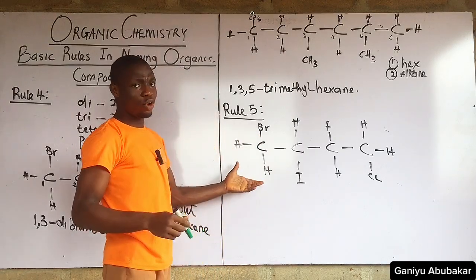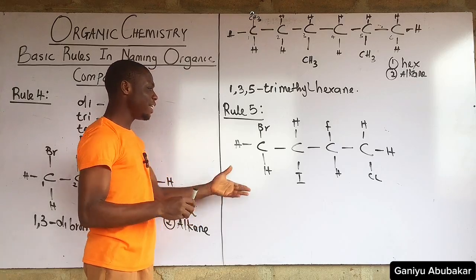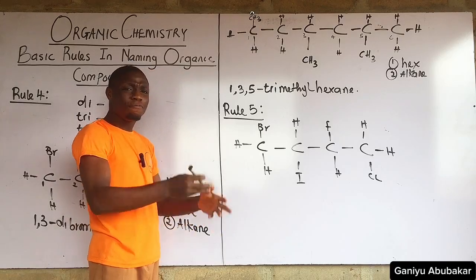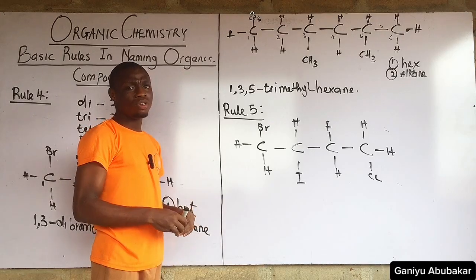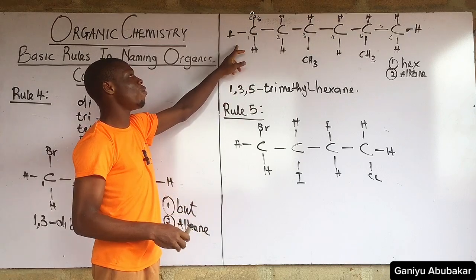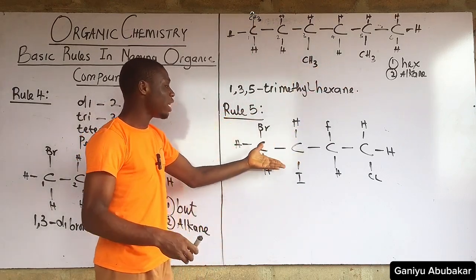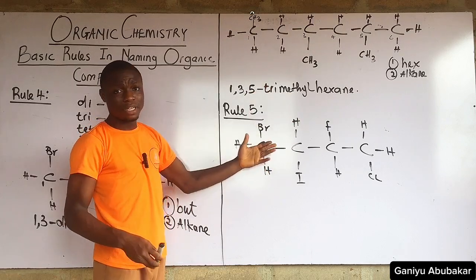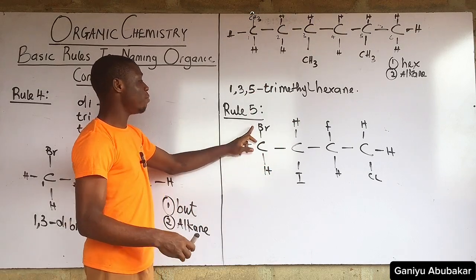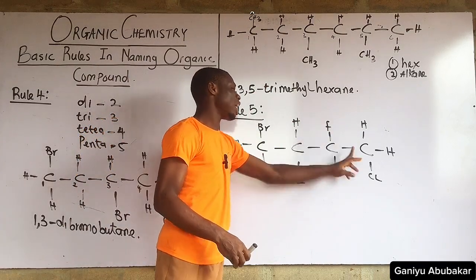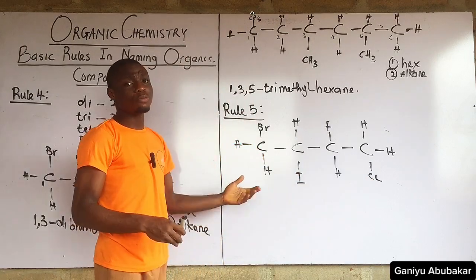Let's name this compound. Observe that in this compound there are different substituents, right? For rule 4, they are just the same substituent, but more than one time. But this one has different substituents, ranging from bromine, iodine, fluorine, and chlorine. So how do you name something of this nature?